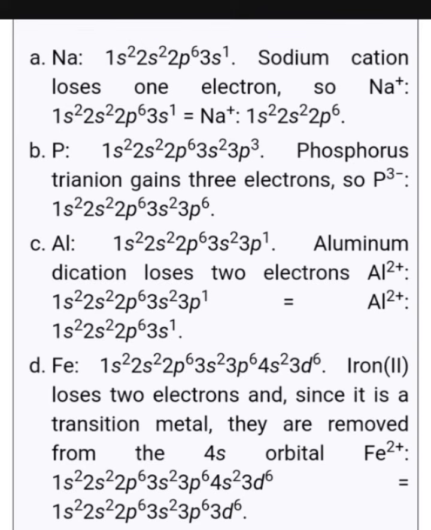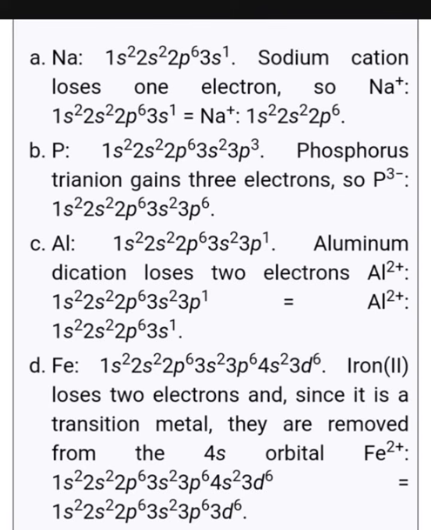Assuming you are doing iron 3 ion now, which is Fe3 plus, since there's no 4s left, you now start removing from the 3d. So I will give you this assignment now. Go and look for the electronic configuration of the iron 3 ion and the copper ion. Also look at that.